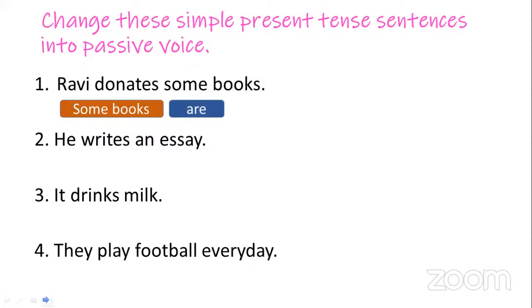Books is a plural noun, so we have to use are. Books are donate. We have to change donate into past participle form. Donated. Some books are donated by Ravi.